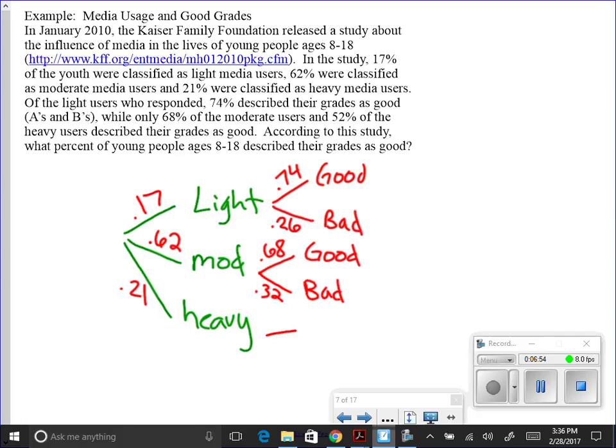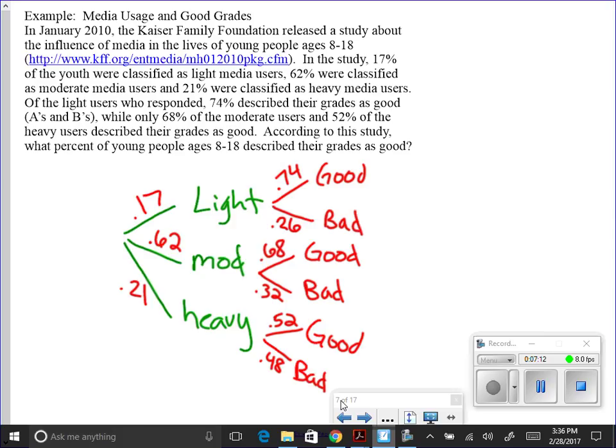Of the heavy, good was 52% and the bad would be 48%. It's usually only going to give you one of those probabilities, and you have to find the second one by subtracting it from 1.